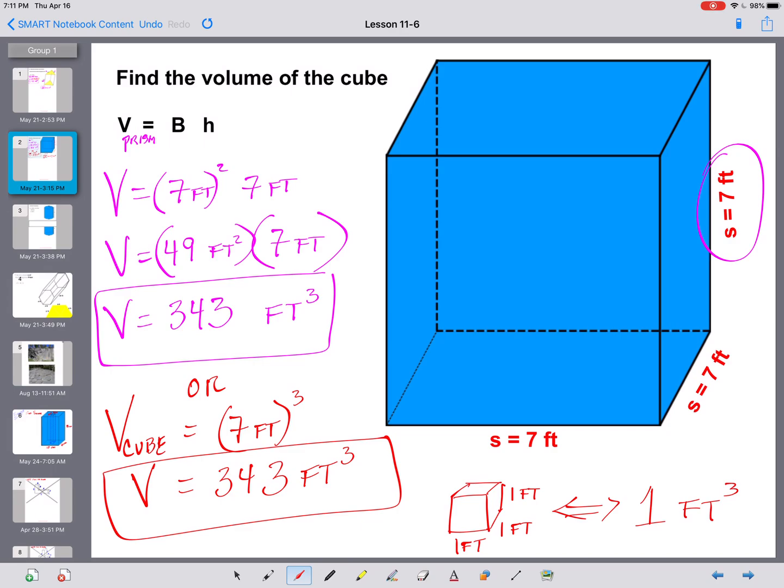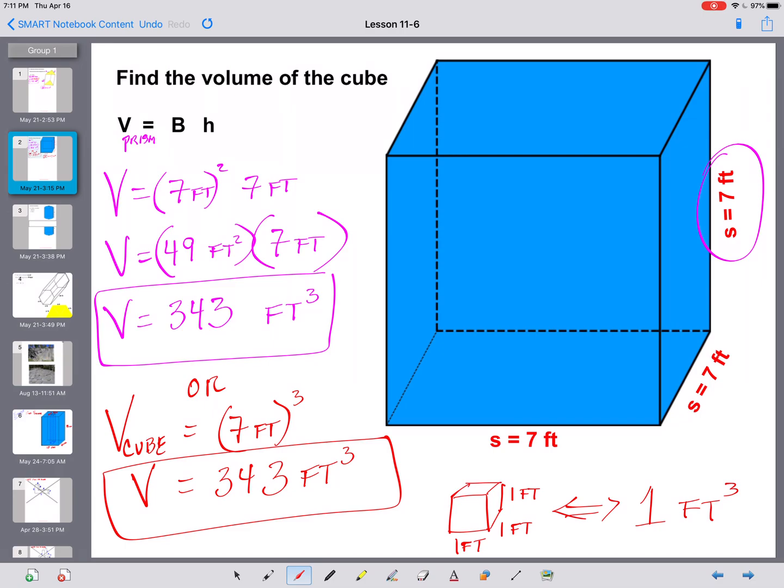What this means on this problem is inside this big cube I could fit 343 cubic feet. 343 of the smaller cubes could fit inside. That's the idea. Let's go to our next one.